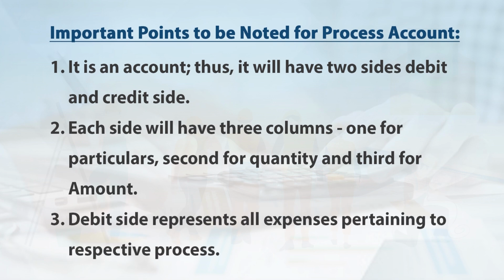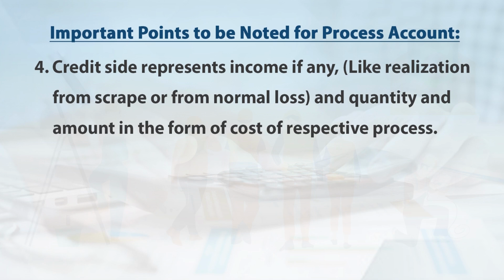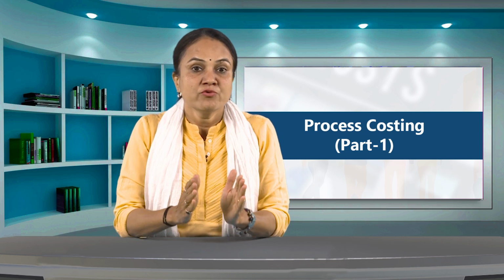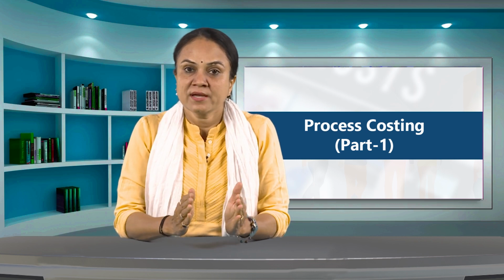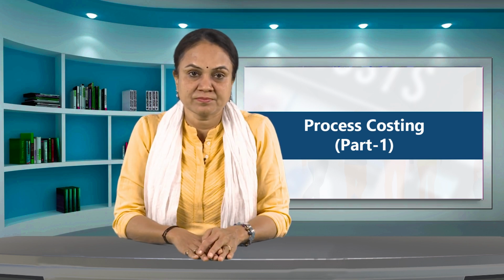Third point, debit side represents all expenses pertaining to the respective process. Fourth, credit side represents income if any, like realization from scrap or from normal loss, and quantity and amount in the form of cost of respective process. It is finished product of process and raw material for next process or finished product as the case may be.